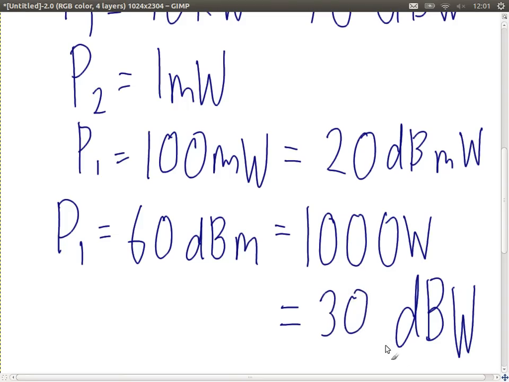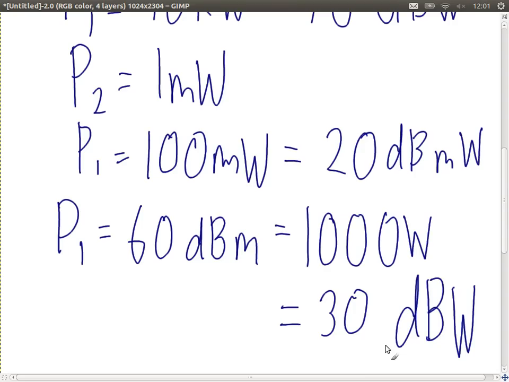Because dBW is relative to 1 watt. 1000 watts relative to 1 watt is a factor of 1000. Convert to dB, log of 1000 is 3, times 10, 30. So these three values are exactly the same. 1000 watts equals 30 dBW equals 60 dBm.